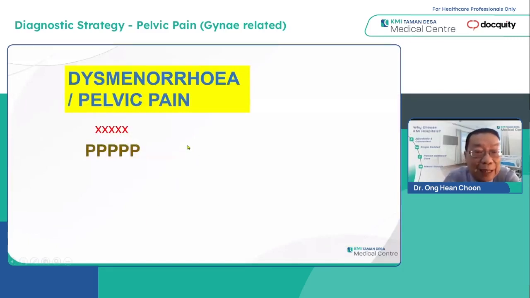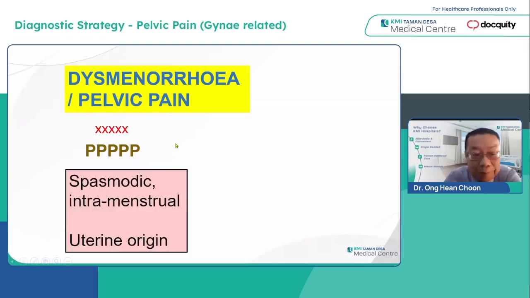Now, let me give you a guideline. Let's say P stands for periods and X stands for the pain. In this situation here, the pain is intramenstrual. And in most cases where there's intramenstrual pain, the pain is usually spasmodic in nature. What does this mean?